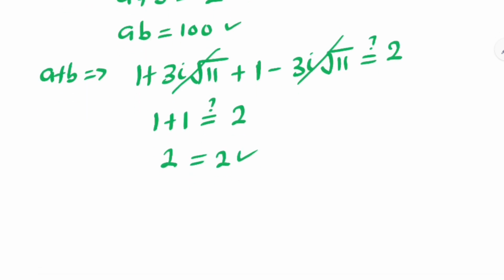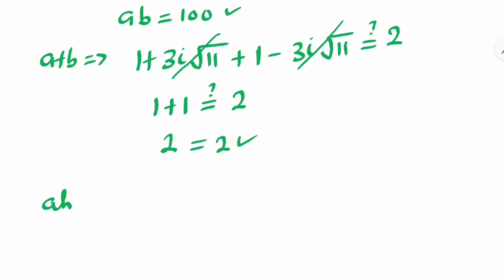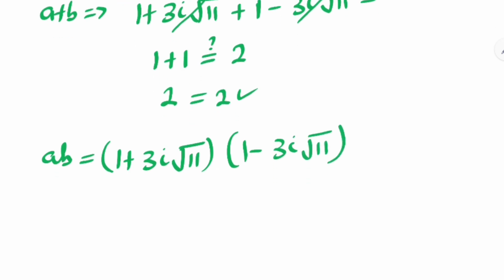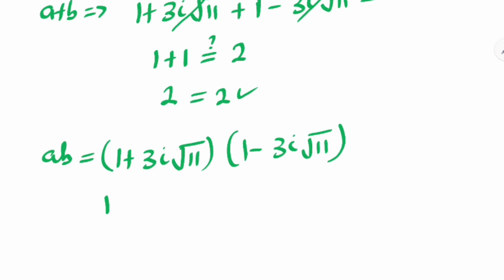Let us consider this. AB is equal to 1 plus 3i square root of 11 multiplied by 1 minus 3i square root of 11. 1 times 1, this is 1. 1 times minus 3i square root of 11, this is minus 3i square root of 11. 3i root 11 multiplied by 1, this is plus 3i square root of 11.